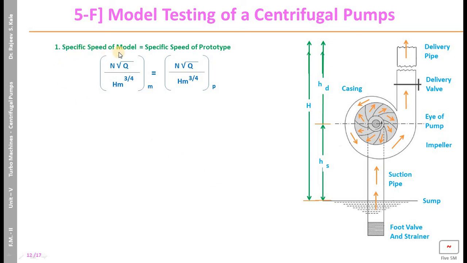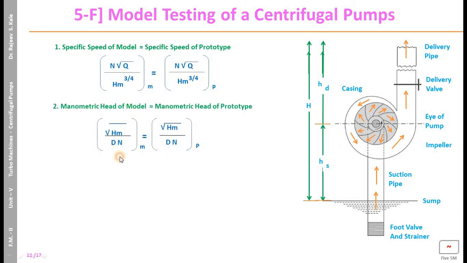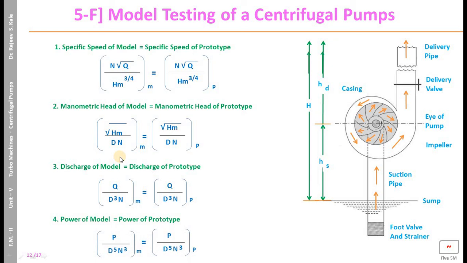So the first condition is for specific speed. The second condition is for manometric head. Then discharge and power of the pump. So you can do the model testing of a centrifugal pump based on these 4 relations. There are numericals in all this discussion, that also we will take up in detail.